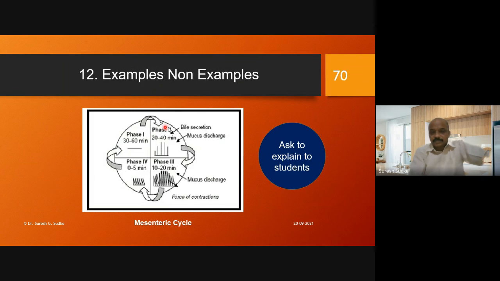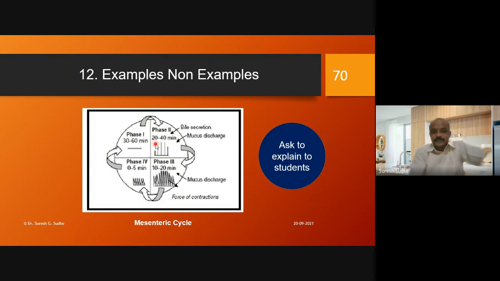And after 30 to 60 minutes, phase 2 of the cycle starts, where very rare but forceful contractions take place. Bile secretion and mucus discharge take place.